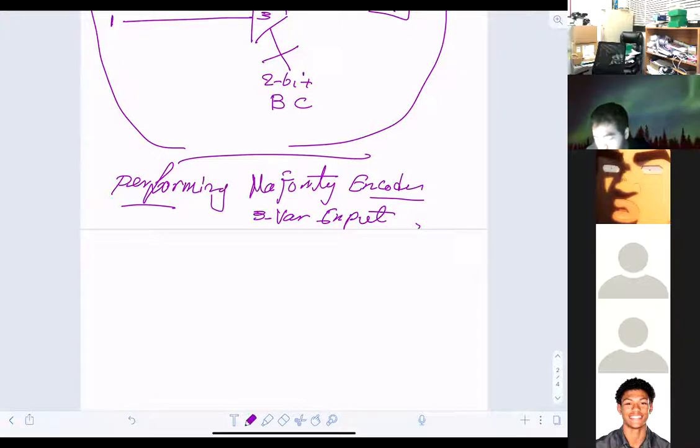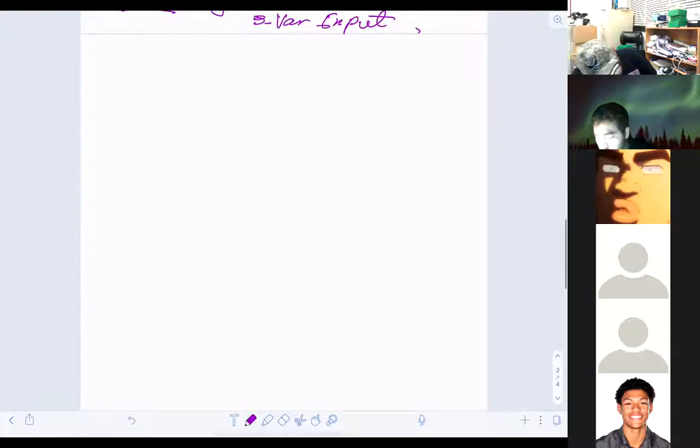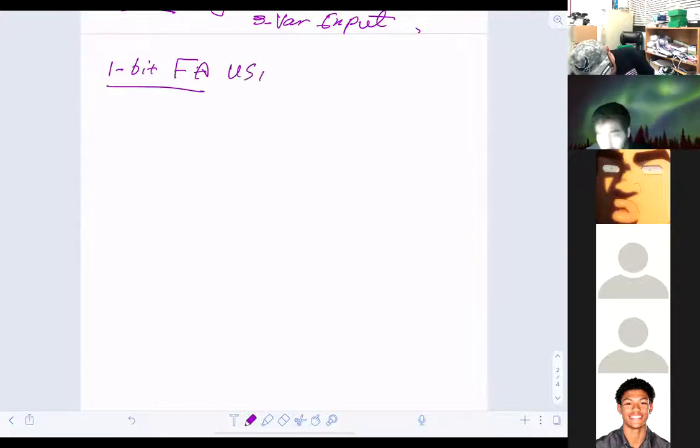Okay, so now we're going to move into the other circuits. What circuits can we have? Do you remember the adder? We can build a 1-bit full adder using the multiplexers. Why not? Let's do it together. So now somebody is telling you to build for me a 1-bit full adder using multiplexer.